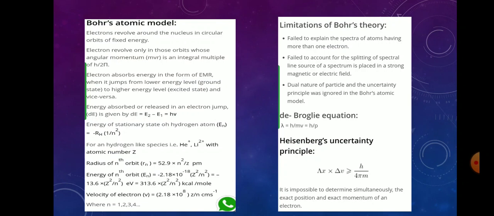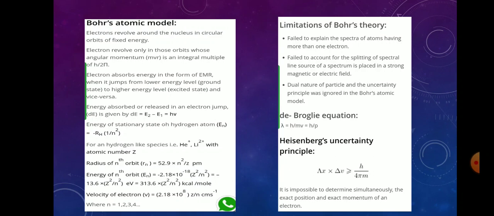Energy of the nth orbit En is equal to minus 2.18 into 10 power minus 18 into Z square by n square, which is equal to minus 13.6 into Z square by n square electron volt, which is equal to minus 313.6 into Z square by n square kilocalorie per mole. Velocity of the electron, denoted by v, is equal to 2.18 into 10 power 8 Z by n centimeter per second, where n is equal to 1, 2, 3, 4 and so on.